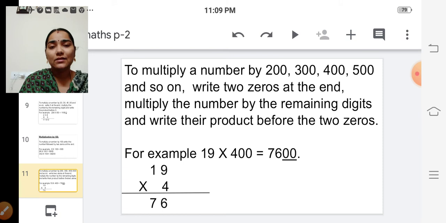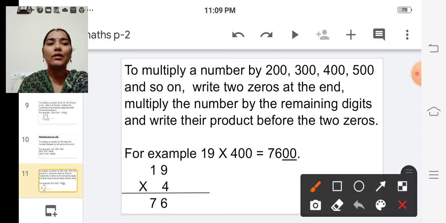So likewise, just now we have seen to multiply a number by 20, 30, 40, isn't it? For that we have written 1 zero at the end, isn't it? But here we have to write 2 zeros at the end. And the remaining process is the same. Okay. So see, for example, 19 into 400.